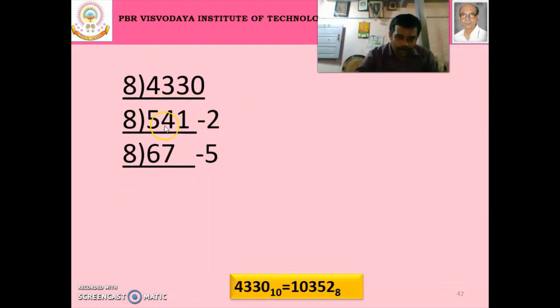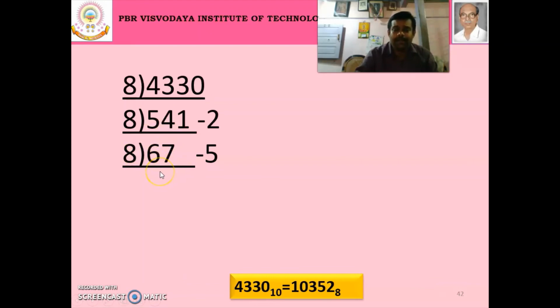Now you come to 541. So we are dividing it by 8. So 8 6s are 48. Then remainder 6 is there. So 61. In 61, 7 times 8 is 56, and remainder 5 is there. Again you are dividing the 67 by 8.